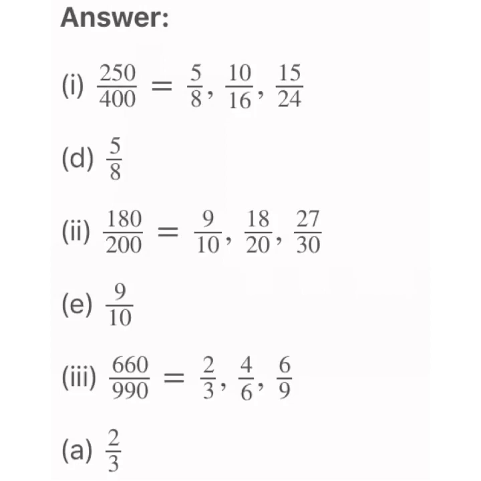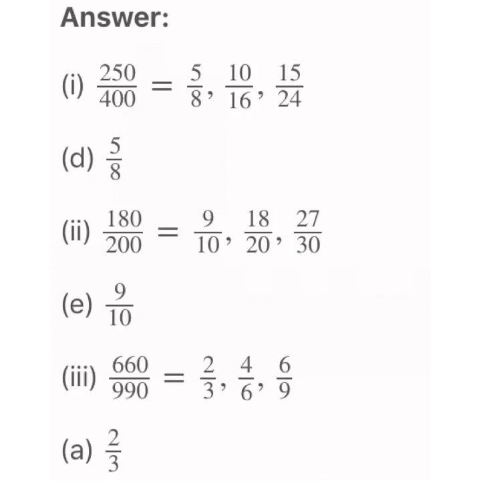Now the next one is 180 upon 200. Here the match for this is 9 upon 10. Two more equivalent fractions for 9 upon 10 are 18 upon 20, because we multiplied 9 by 2 and 10 by 2 we got 18 upon 20, and 9 multiplied by 3 and 10 multiplied by 3 we got 27 upon 30.